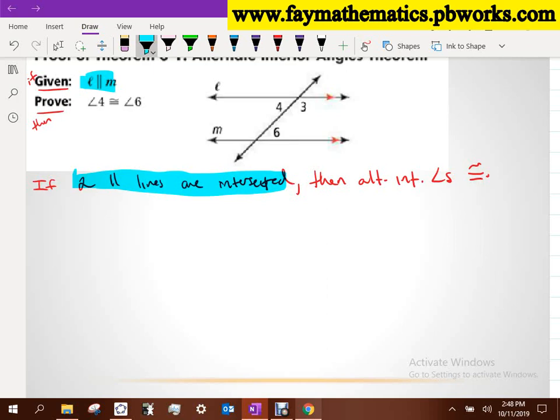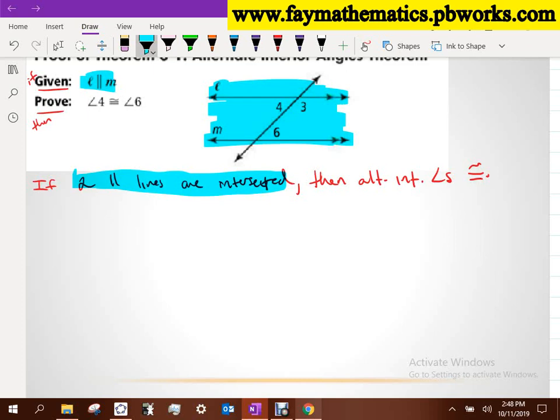I only see the transversal when I look at my picture. So what I want you guys to understand is that when we look at our picture is part of your given information. Does that make sense? Okay, it's provided for us. It's what we're going to use to work through this situation.